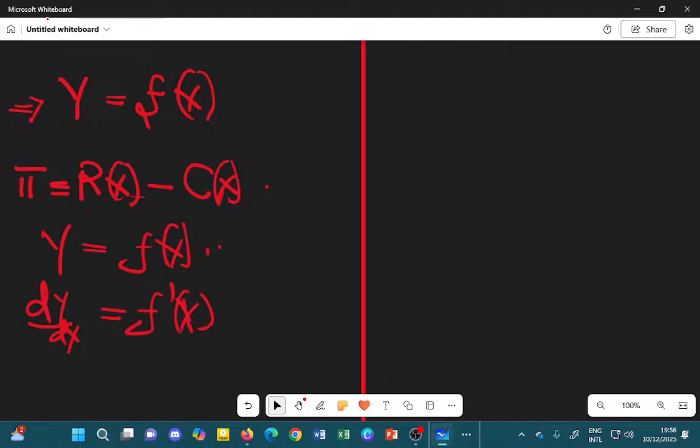So the derivative of this function is referred to as that.